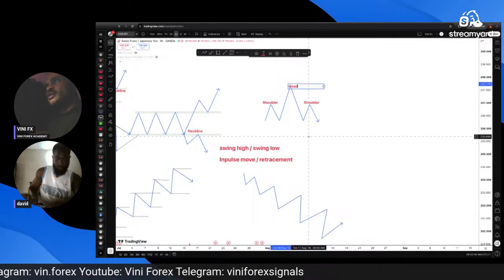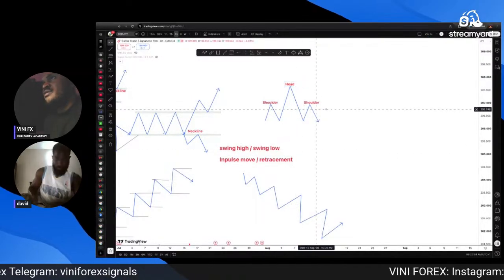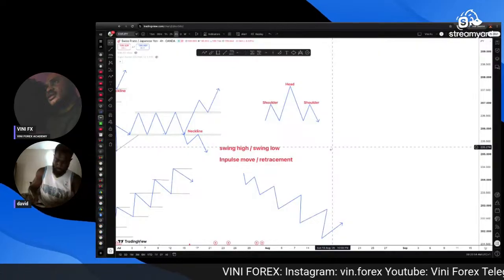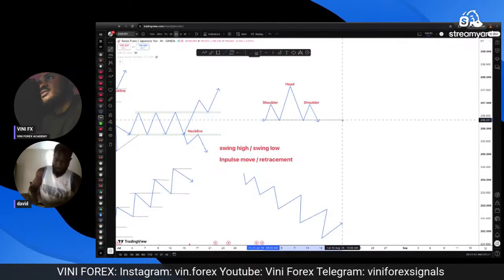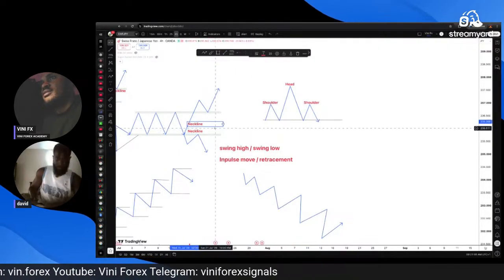Just like a human structure. When you have your head, you have your two shoulders, so we call it head and shoulder. And this point is called the neckline.